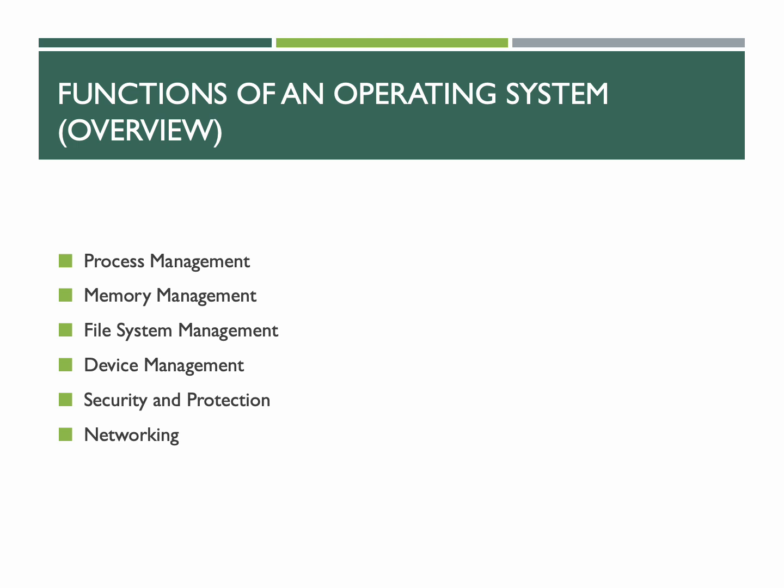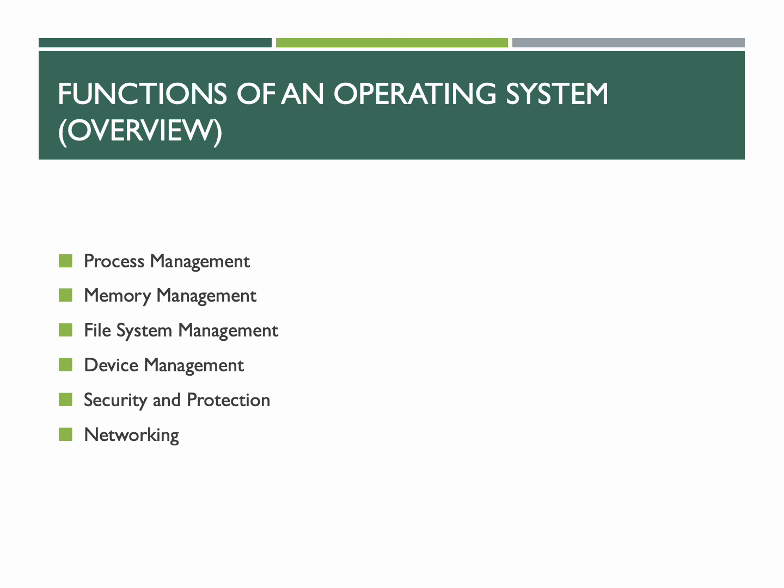It keeps track of where files are located and provides access control. Then we have device management. The OS acts as a bridge between the computer and its devices, like printers, keyboards, and monitors. That's how we can manage devices.